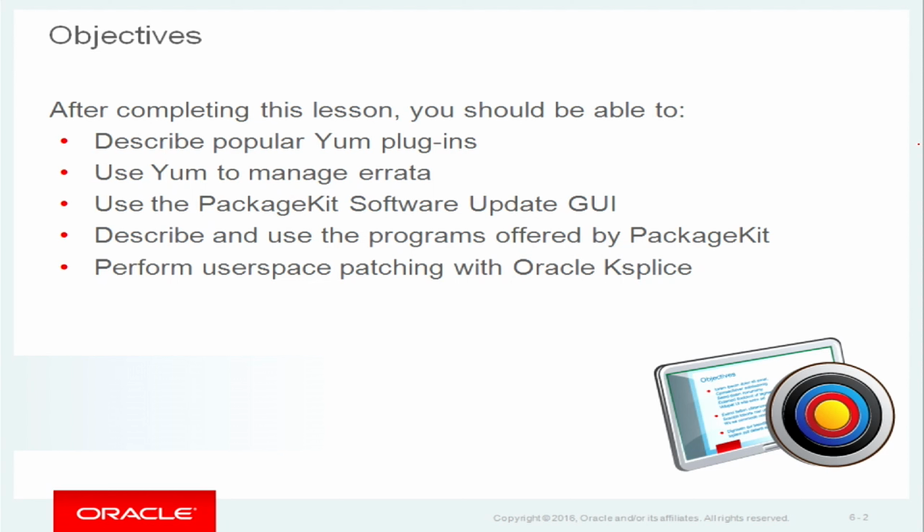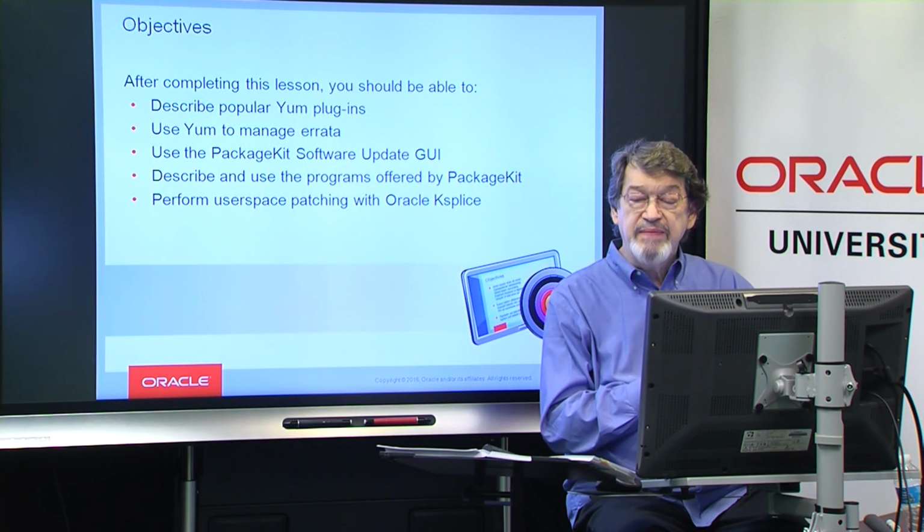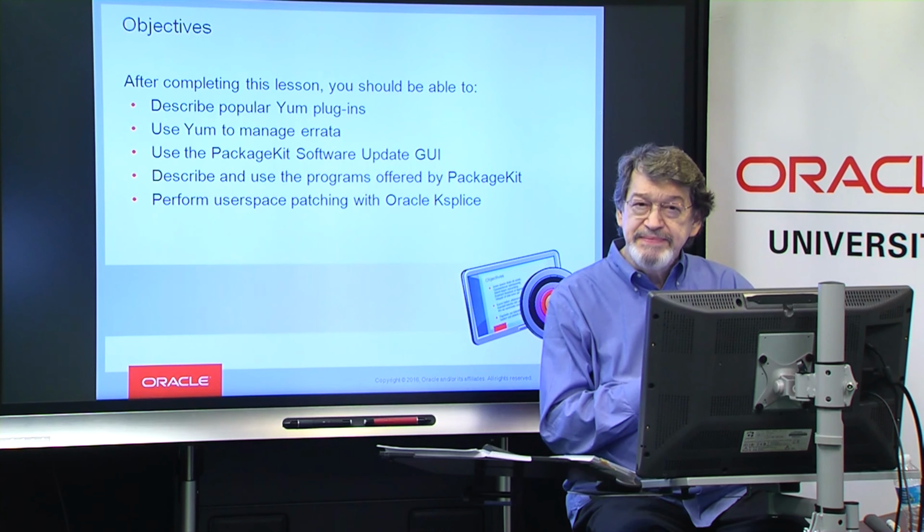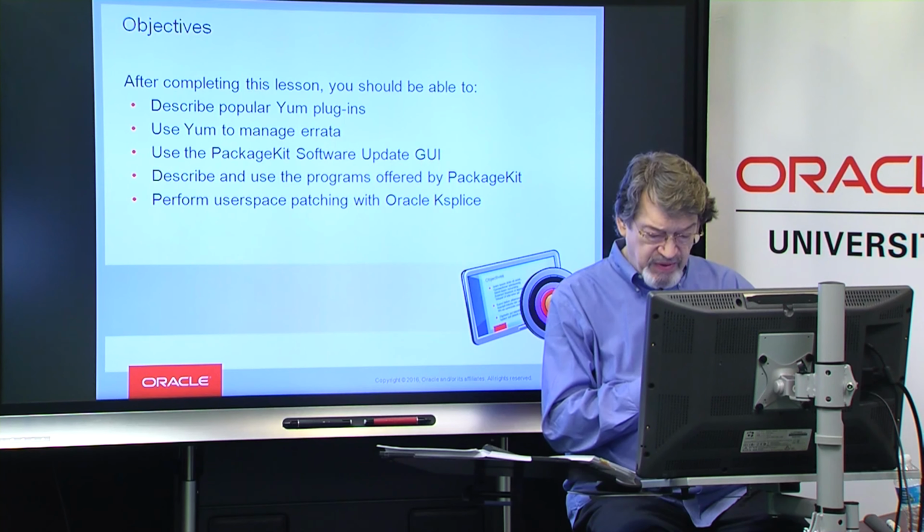And so once again, how would you like never to have to reboot your servers again, but still be able to apply ELSAs, RHSAs, and CVEs? Wouldn't that be pretty good? Okay.